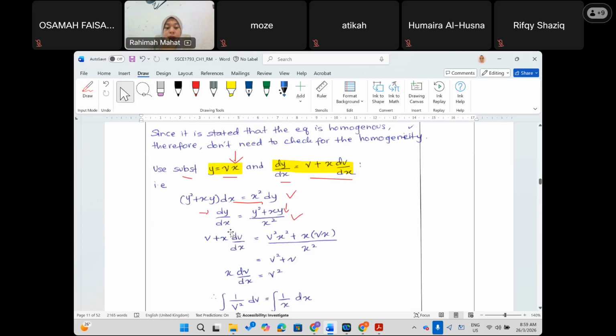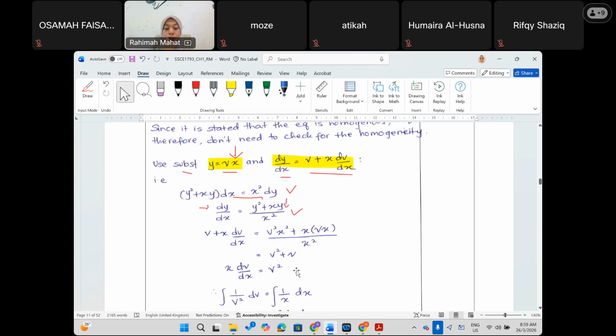After that, from this one you can eliminate the x. You factorize your x, so you get x squared times v squared plus v, over x squared. This one you can cancel, so the rest is v squared plus v.